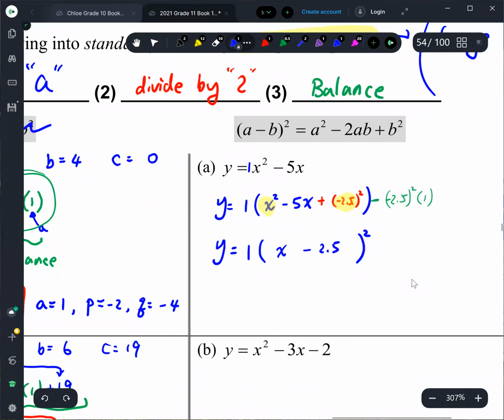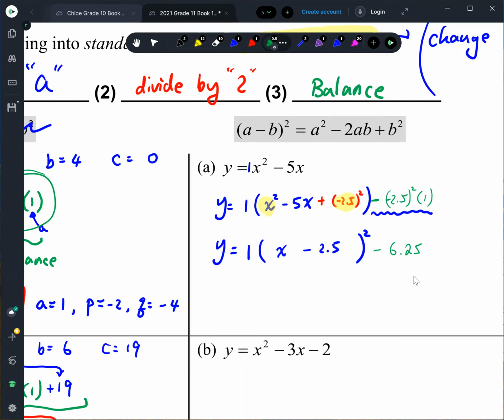And then the green part. Kat, what does the green part become? Negative 6.25. Yeah, negative 6.25. If you follow the order of operation, the bracket square will make it positive 6.25, but then the subtract at the front doesn't disappear.